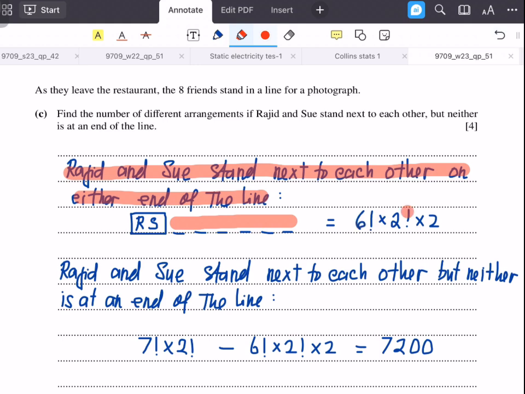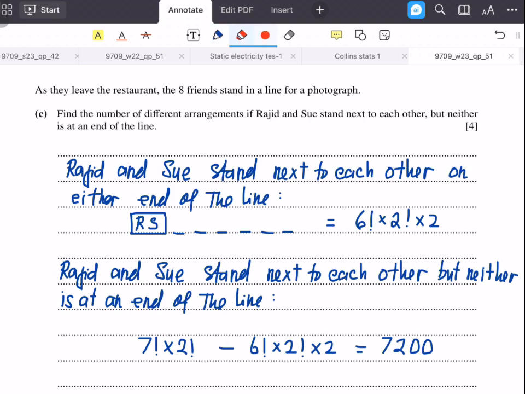And then 2 factorial is the number of arrangements for Rajit and Sue, because Rajit and Sue can switch position. We need to multiply by 2. It's because Rajit and Sue can also stand on the other end of the line. So multiply by 2.